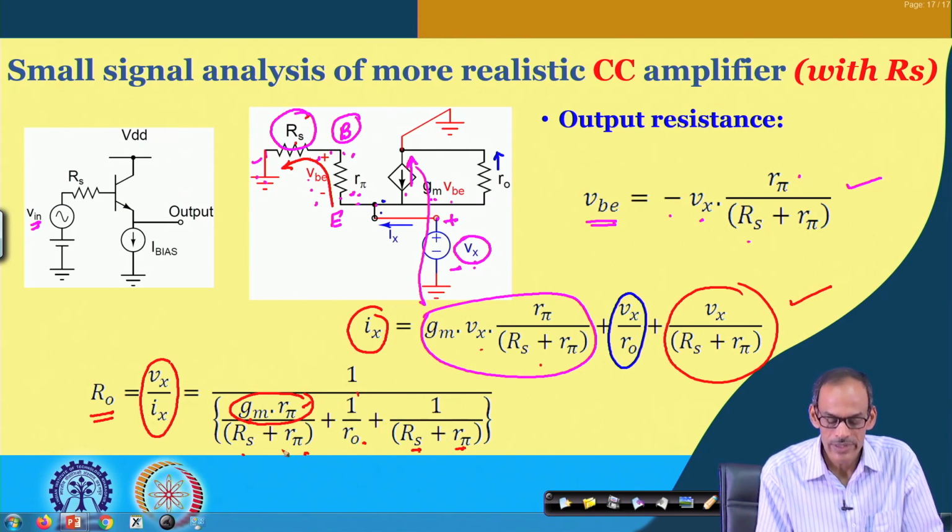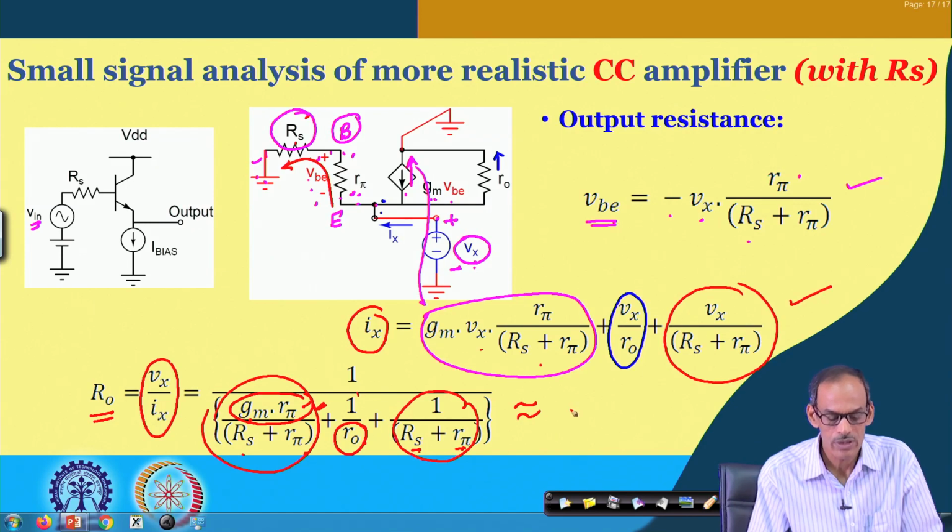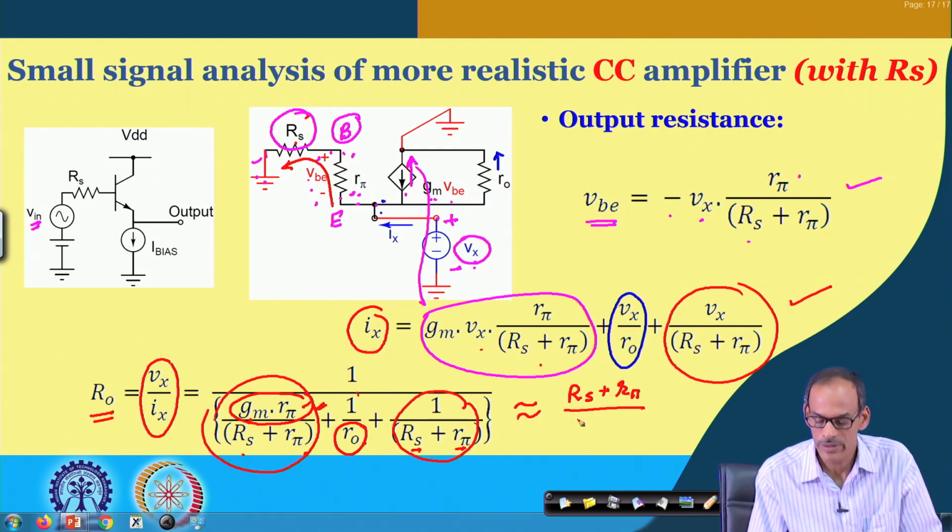So, now we can directly see that compared to the other terms it is dominating, and a similar kind of conclusion we can make because this R naught is reasonably high. As a result, you can say that this term is dominating. So, the resistance you may say is R s plus R pi divided by G m into R pi.